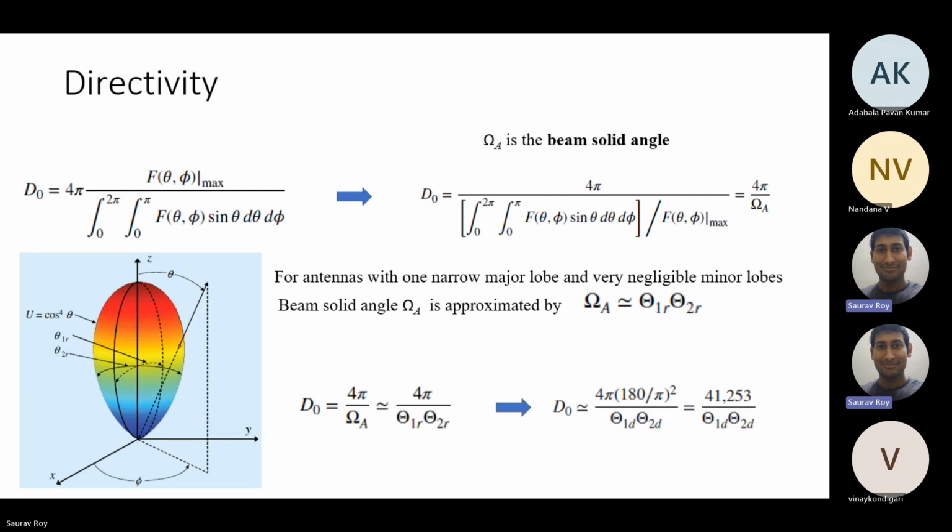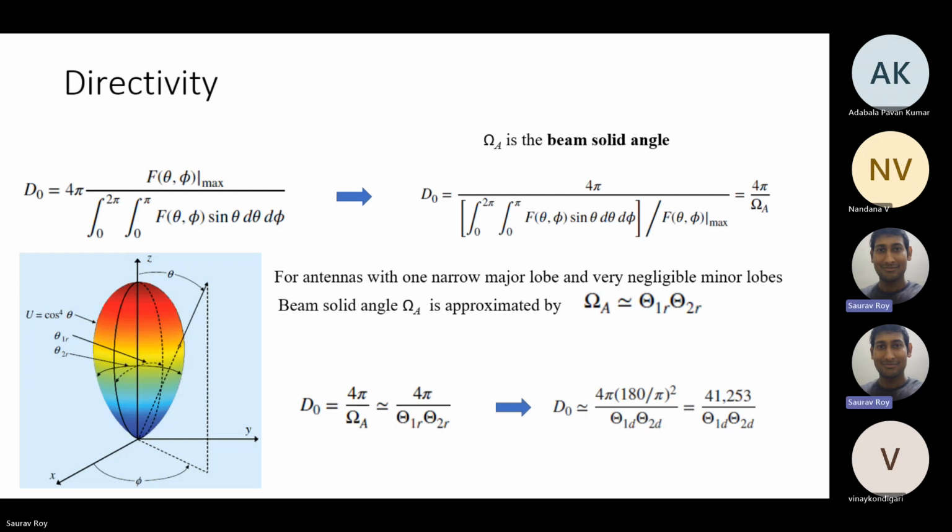If you further normalize this equation, it comes as D0 equals 4 pi divided by this. In the denominator we have f(theta, phi) divided by f(theta, phi) max, which comes from the previous equation. If you take the numerator also into the denominator, then we have the equation in a simpler form, 4 pi divided by omega A. This omega is called the beam solid angle.